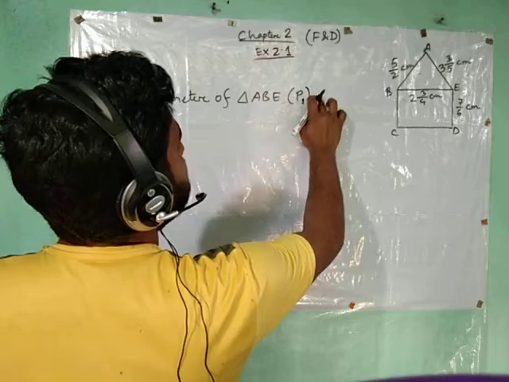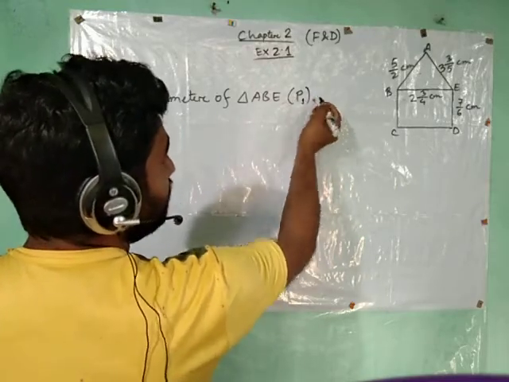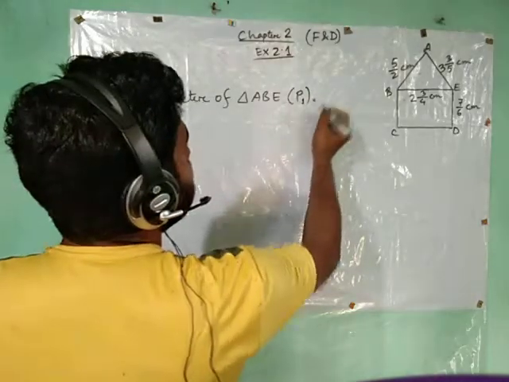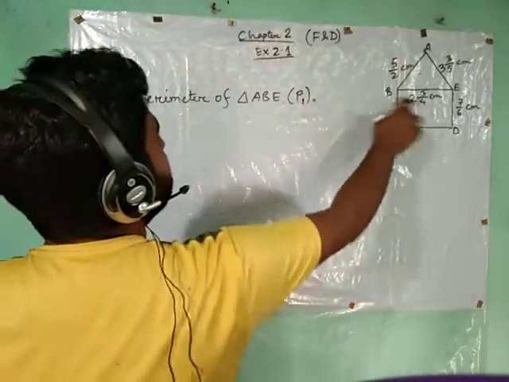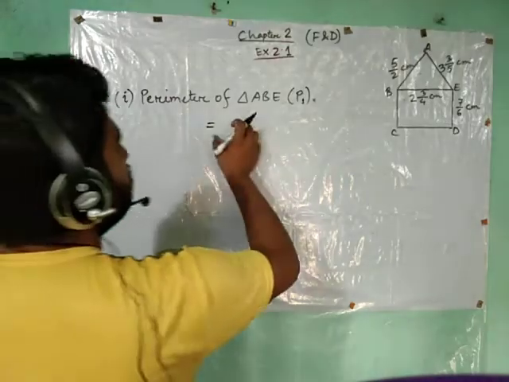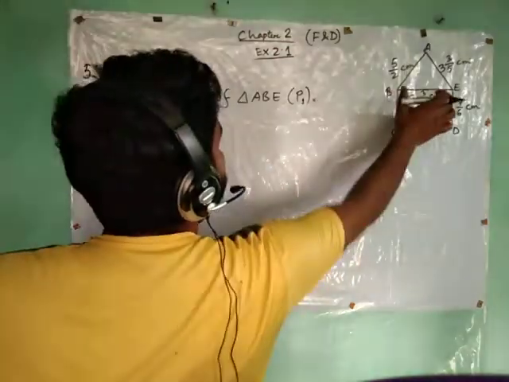How will you find it? You have to put the equal sign here, but I have no space for writing that, so I am putting it here. You will put this whole part right here.